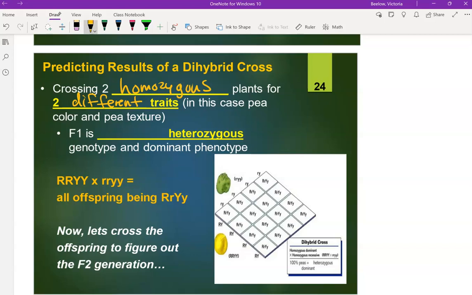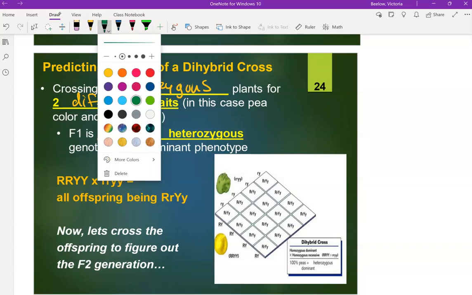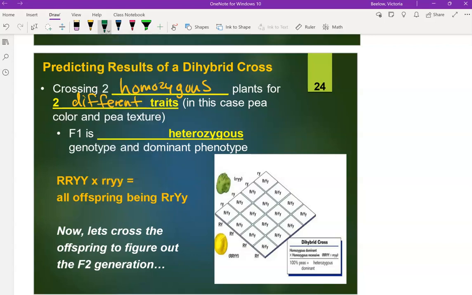We have the dominant one, which we're going to represent with two capital R's, two capital Y's. So this pea plant is dominant for both traits. It is yellow, which is the dominant color we've been talking about for the peas, and it is also round or smooth, which is the dominant form of the texture trait.